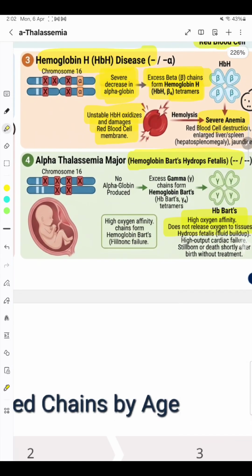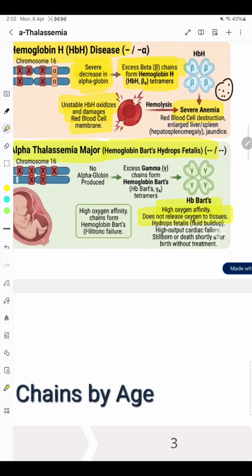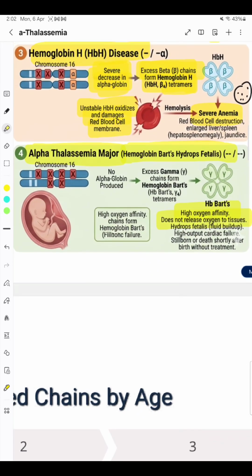The fourth type of alpha thalassemia is alpha thalassemia major, also known as hemoglobin Bart's hydrops fetalis. There is no alpha globin production in this condition, as all 4 alpha globin genes are deleted.